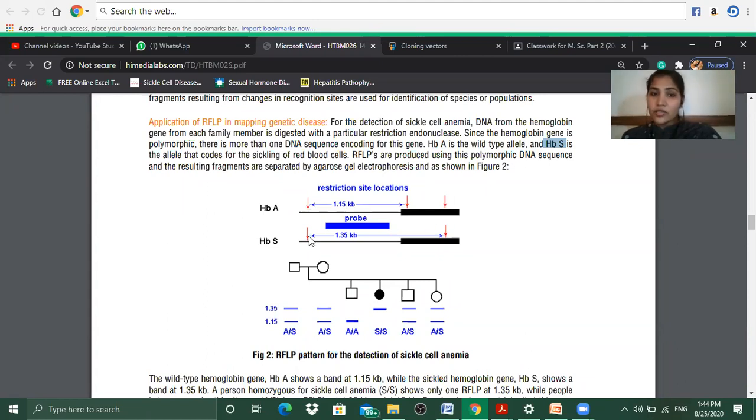And here for HbS, this particular site is missing, and hence the DNA fragment that is forming is 1.35 kilo base pairs, sorry, not kilobytes. It's not a computer. And here it is 1.15 kilo base pairs.